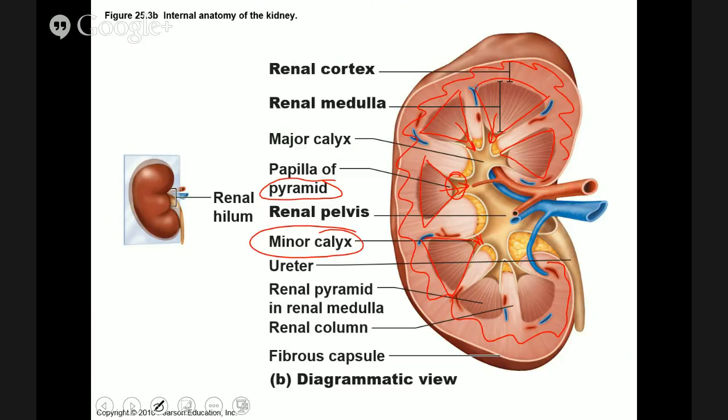So this is the minor calyx here. The minor calyces are going to dump into shared major calyces, and then the major calyces will merge into the renal pelvis, and then the renal pelvis will dump into the ureter, which will carry the urine from the kidney toward the bladder.